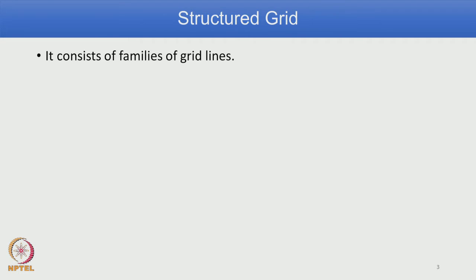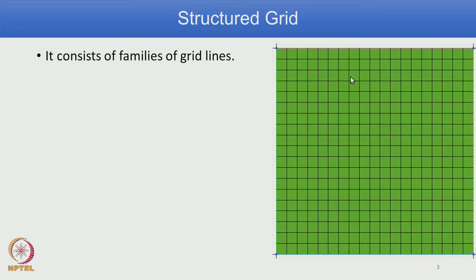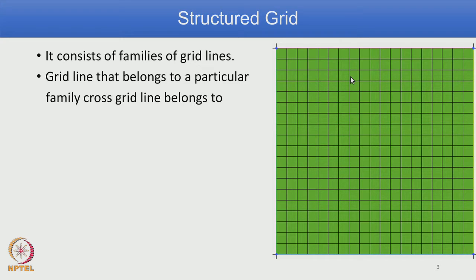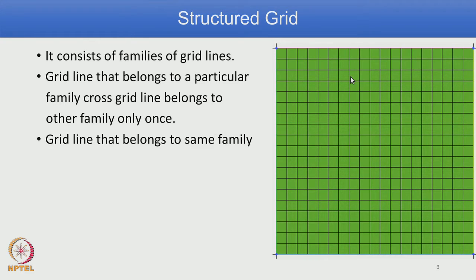So, in structured grid we learned that a family of grid lines does not cross the same family of grid lines, while a grid line that belongs to one particular family crosses a grid line that belongs to another family only once.